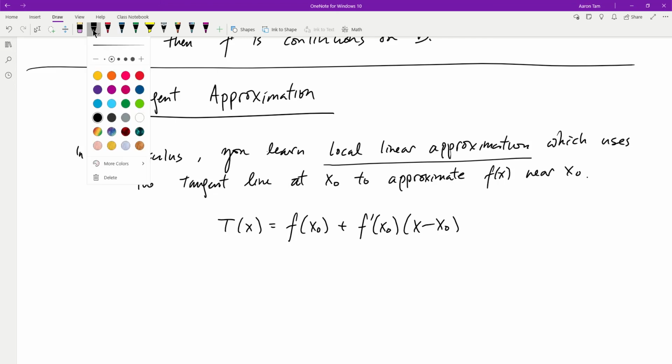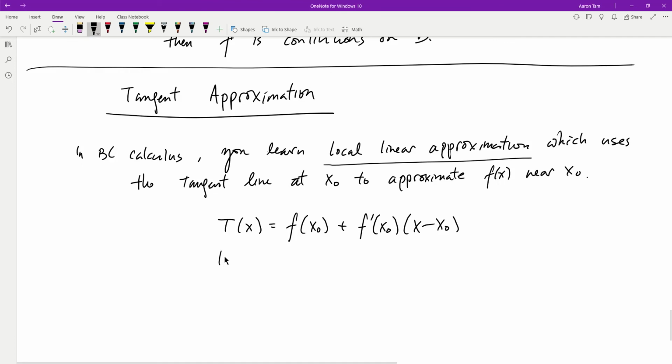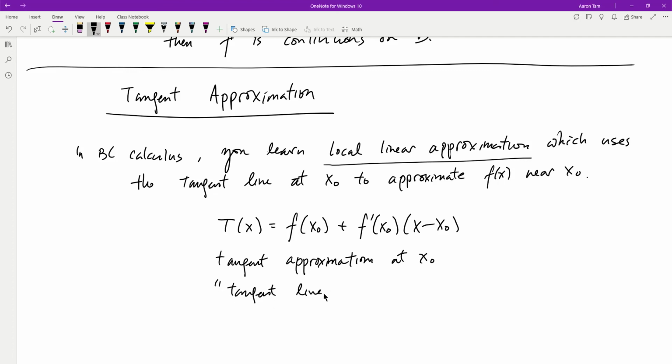So this thing right here is called tangent approximation at x sub 0, but it's also referred to as the tangent line at x sub 0 if you want. Both of them are the same thing.